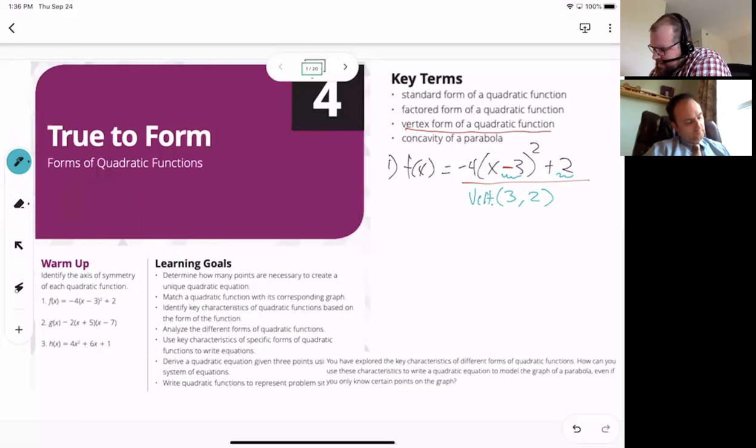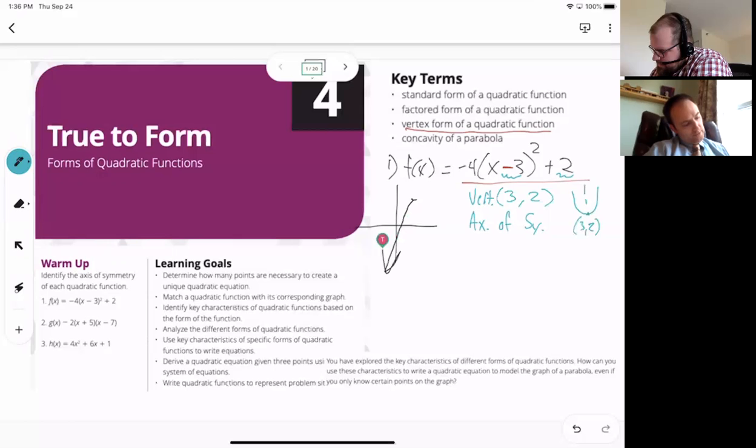And that means my axis of symmetry is going to also go through this. So if we've got a parabola at 3, 2 with my vertex.